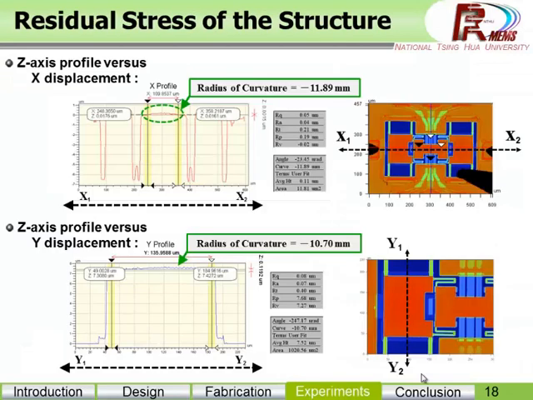And then to investigate the switch structure after release, the central region was measured by an optical profiler with a radius of curvature of -11 mm, indicating the existing residual stress of the constituent CMOS layers has less effect thanks to the symmetrical stacking layers.